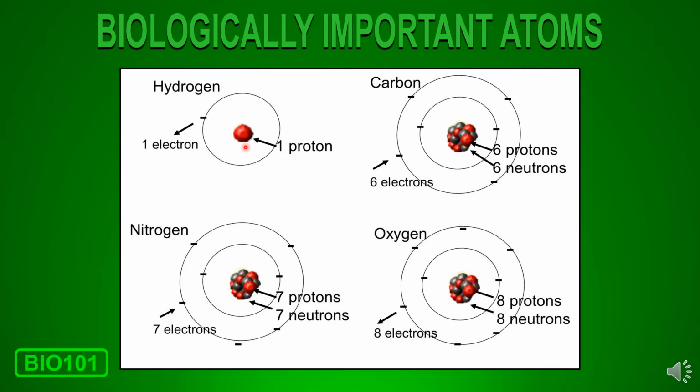So the atomic number of hydrogen is 1, but also the atomic mass of hydrogen is 1. And so it has one proton, so therefore as a neutral element, it has to have one electron, right? So the -1, the +1 cancel out. Here we have a neutral atom of hydrogen.